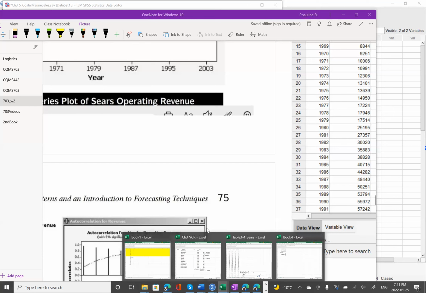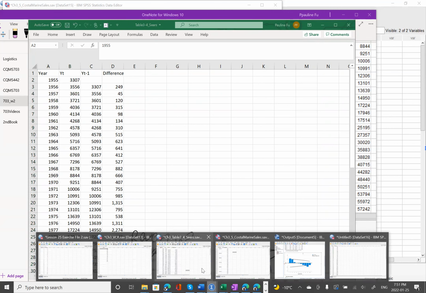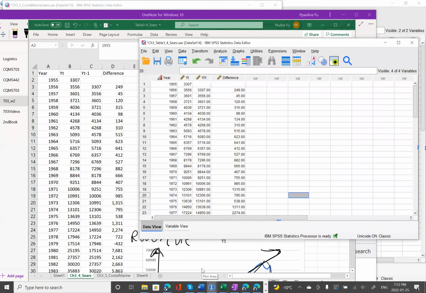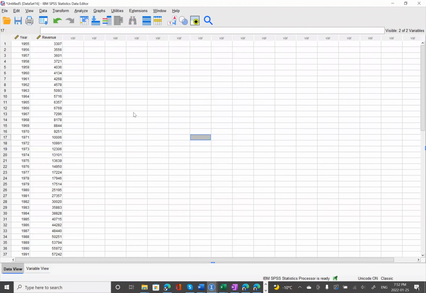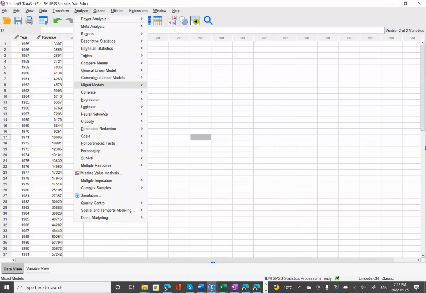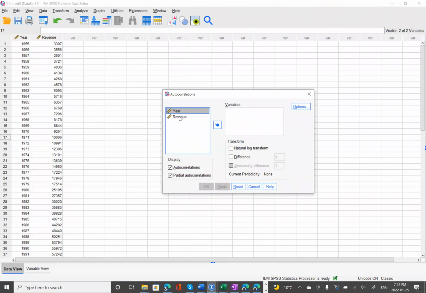So go back to my data. No, this is not SPSS. Not here. Did I copy? No, chapter 3. Okay, I'm here. Forecasting and then autocorrelation. The variable is revenue, our original data.